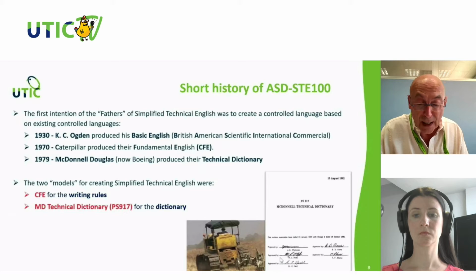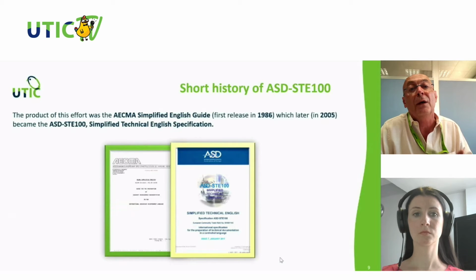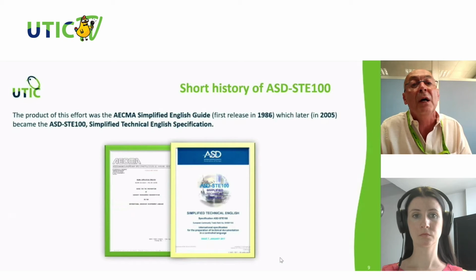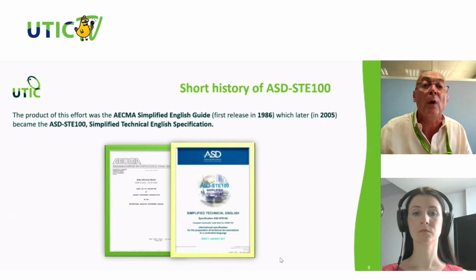So the result of the effort was the ECMA Simplified English Guide, after 3 years of work from 1983 to 1986. And you can see that from a simple guide, we moved subsequently in 2005 to create an international specification, which is the one we are having now.